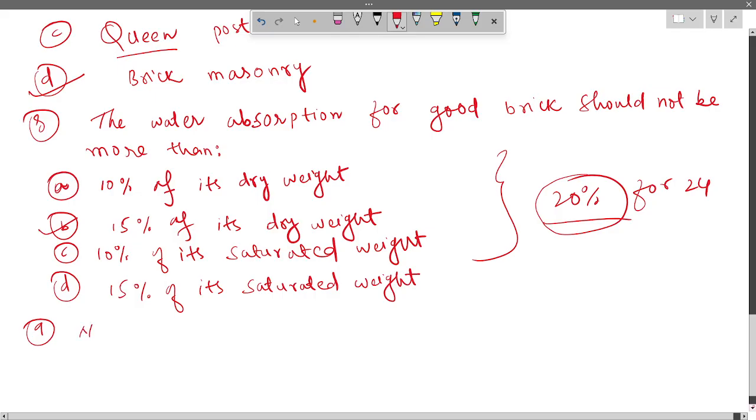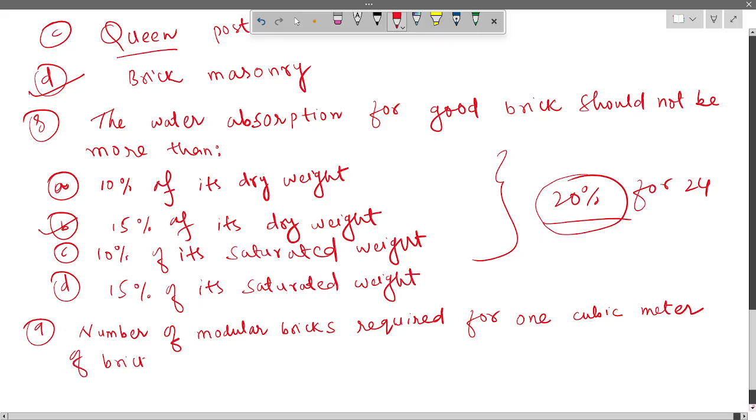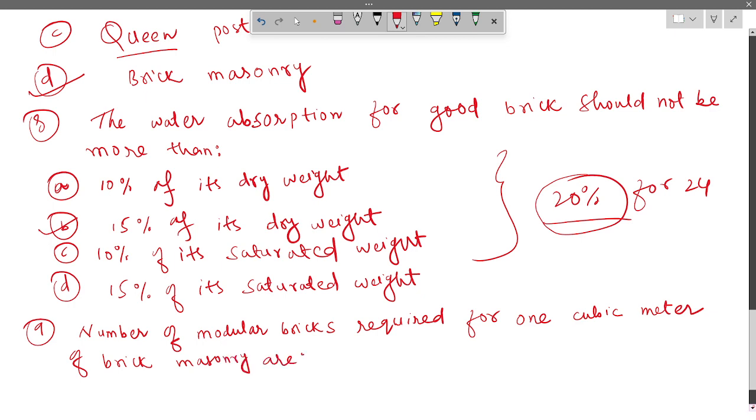Number of modular bricks, which is the standard brick, required for 1 cubic meter of brick masonry are, the four options are given.